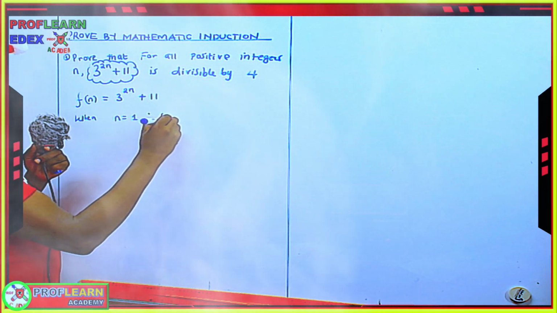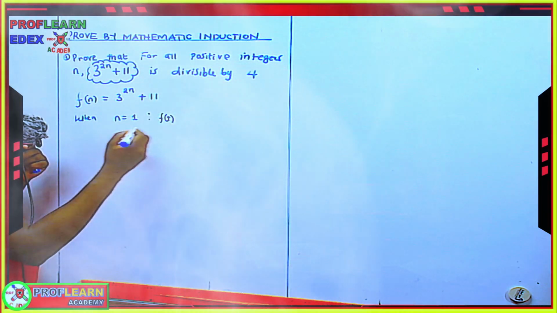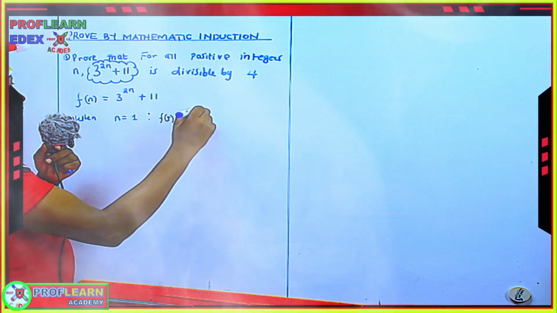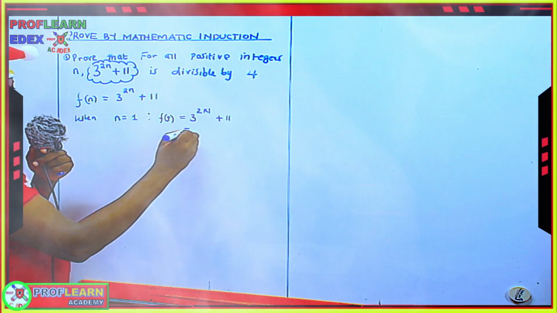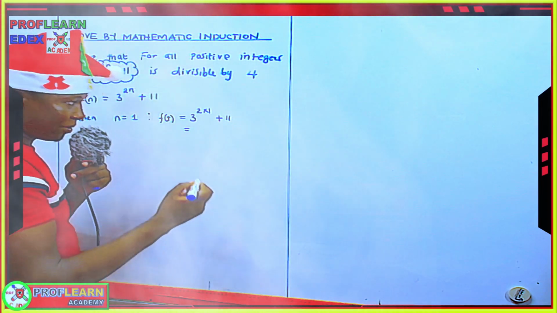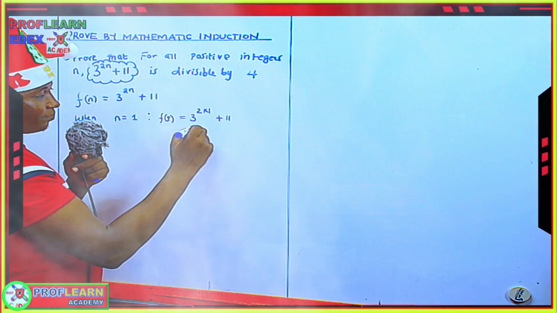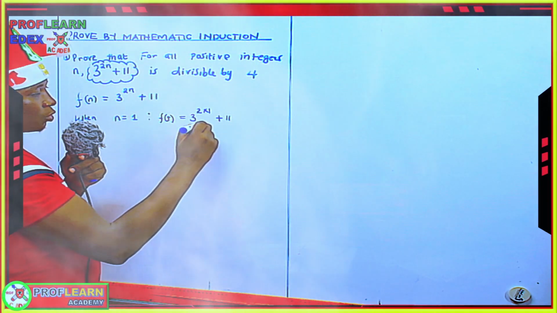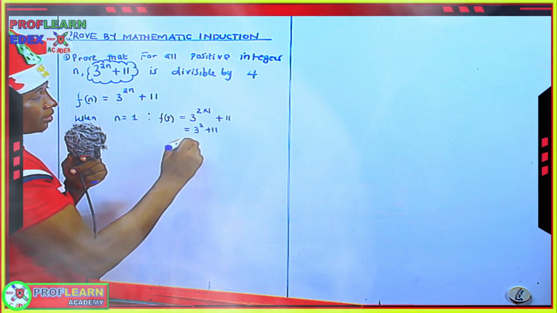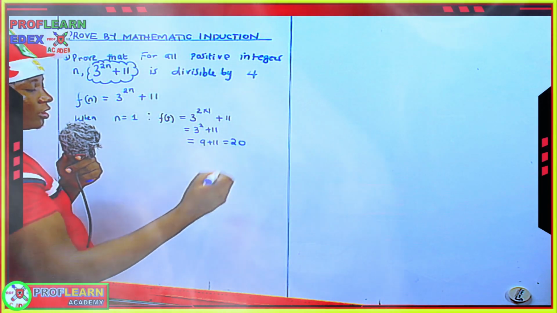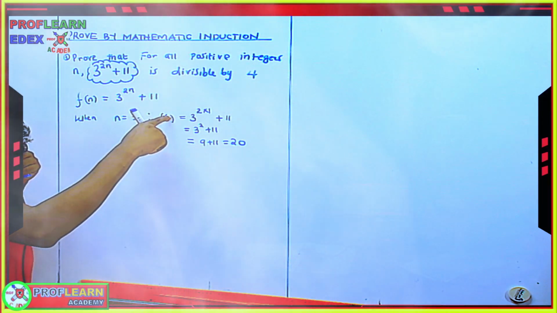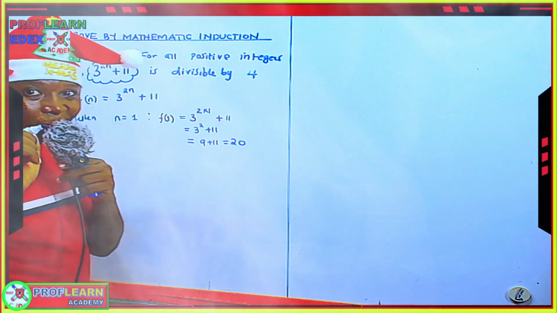F of 1 becomes 3 to the power 2 times 1, plus 11, which becomes 3 squared plus 11, which is equivalent to 9 plus 11, and this is 20. And this is for n equals 1.